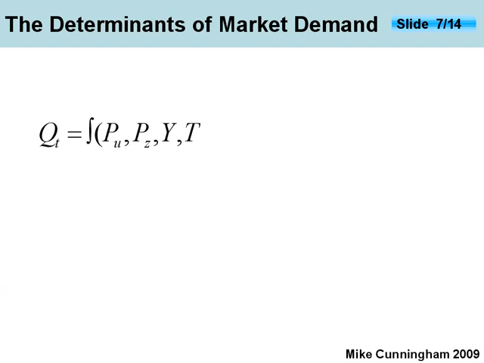The quantity demanded per unit of time will also depend on tastes, T. Well, if an item becomes fashionable or desirable because it's trendy, then the quantity demanded may increase, even though the prices remain the same. So clearly, the marketing industry and its influence on our tastes and fashions and so on influences the quantity of goods demanded.